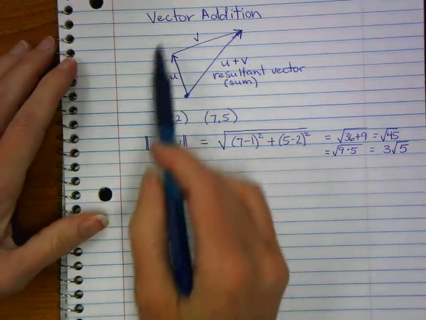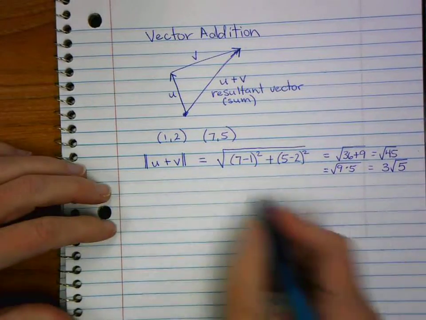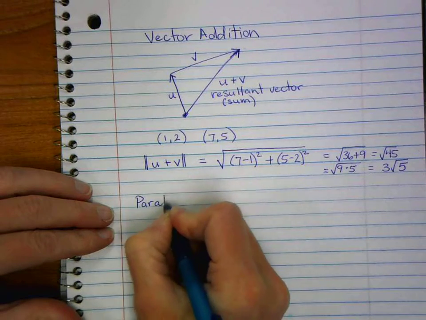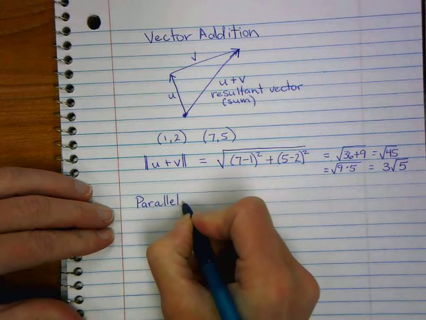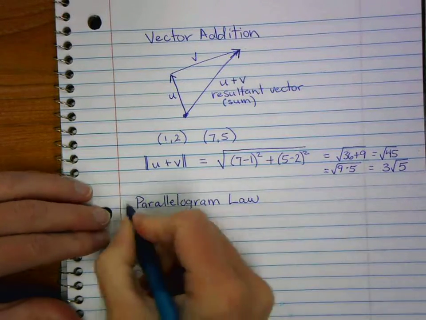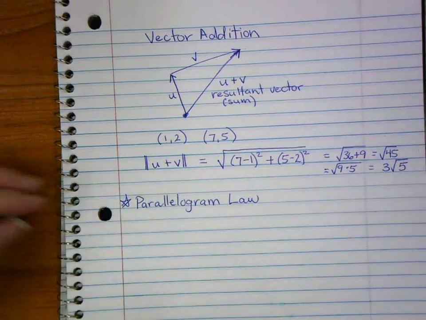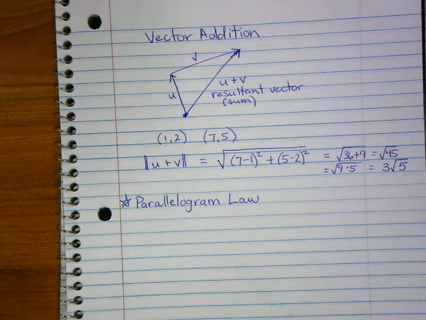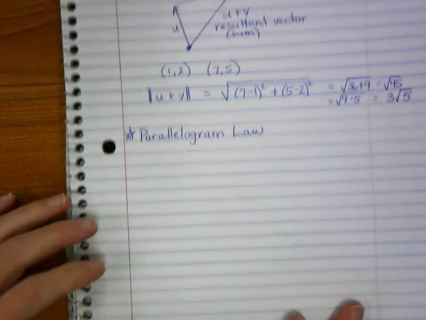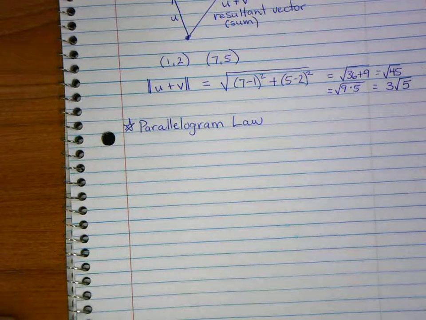What this does for us is it begins to introduce something that we know as a parallelogram law. And basically the parallelogram law says that if I take these vectors to add them together, any vector, my vector u and my vector v, no matter where they're at, I can put them end to end.